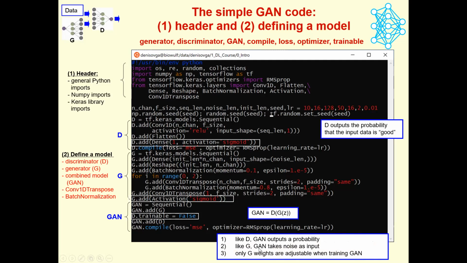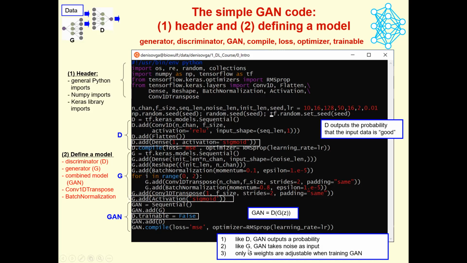Because the discriminator will be the last step of data processing by the GAN, the output from the GAN would be the same as the output from the discriminator. So the output can be interpreted as a probability, the probability that the input is good.